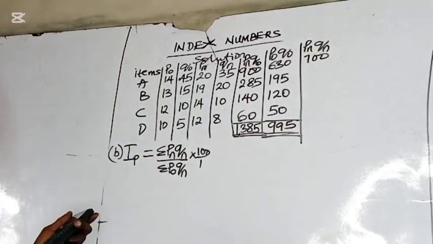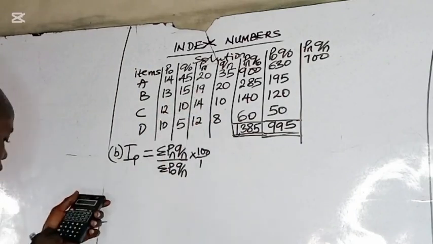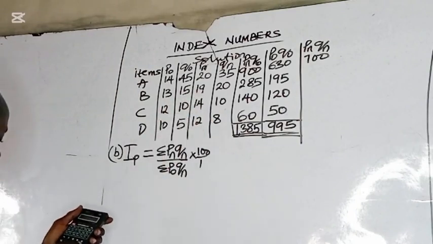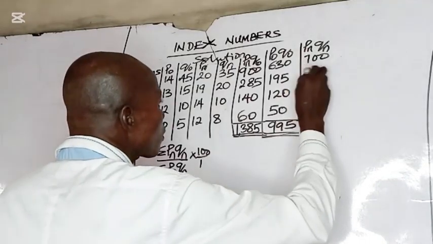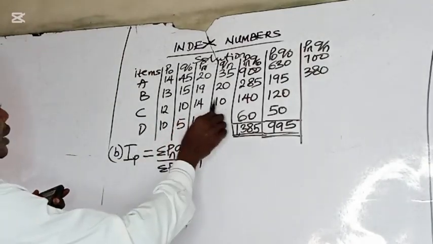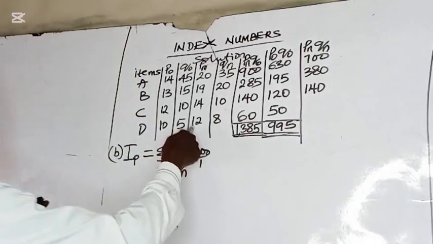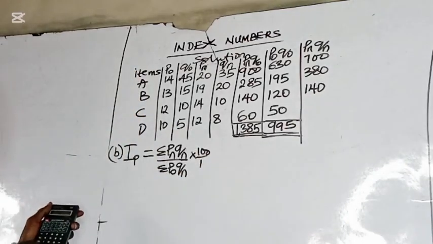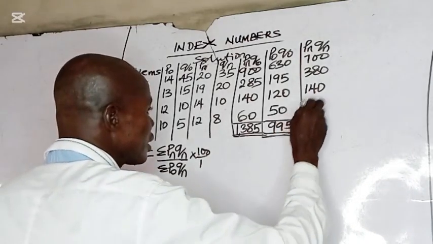Then we also have 19 times 20, that gives us 380. Then PNQN, 14 times 10, that is 140. PNQN, 12 times 8, that gives us 96.